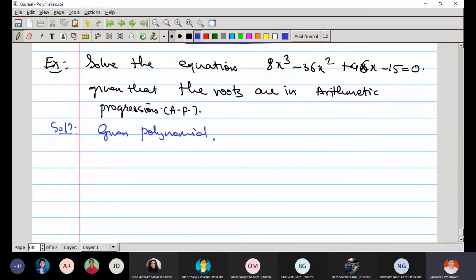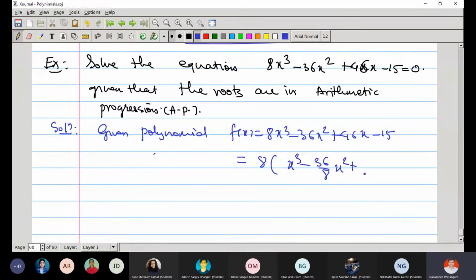Given polynomial f of x is equal to 8x cube minus 36x square plus 46x minus 15, and we want to solve it. So we can write it in standard form: 8 into x cube minus 36 by 8 x square plus 46 by 8 x minus 15 by 8. Correct? So we can further simplify it.